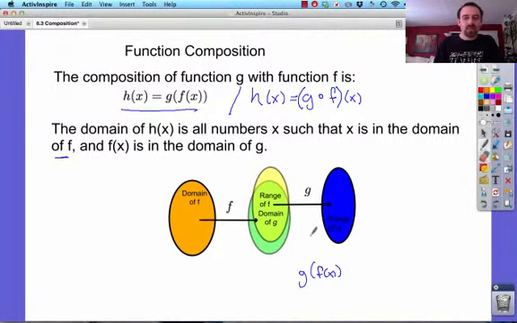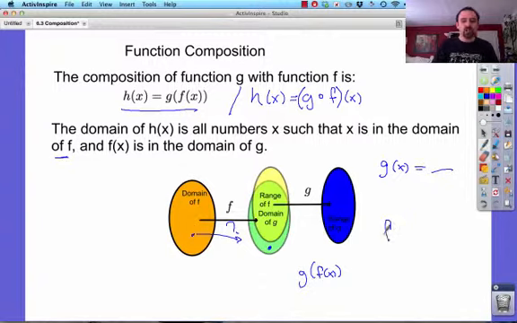Here's a number that's in the domain of g. G is the greenish one. I can put it into g, and I'm going to get a valid output. However, there's no way that f can map to it. If I put in a value for f, there's no way that this number can end up inside of g.